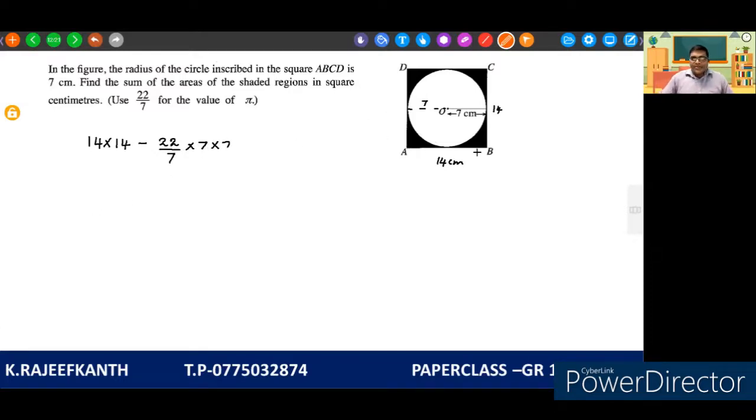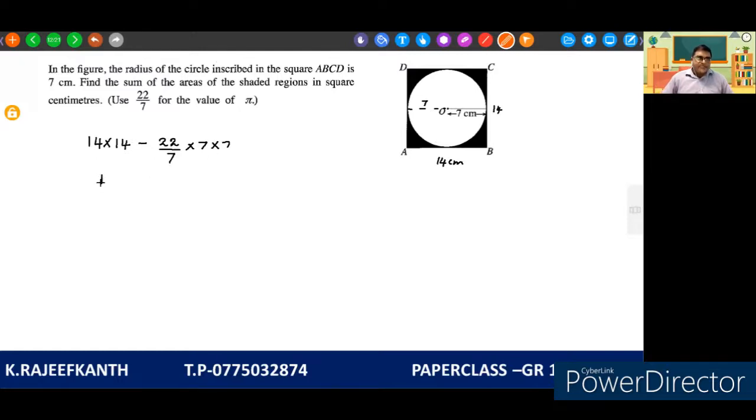Here the length of a side is 14, so we can find the area of the square: 14 times 14. The radius is 7 centimeter, so we can find the area of this circle: pi r squared, 22/7 times 7 into 7.